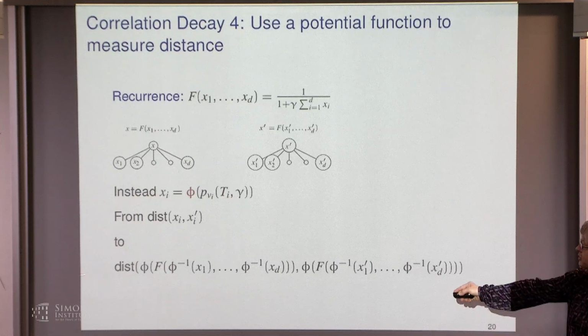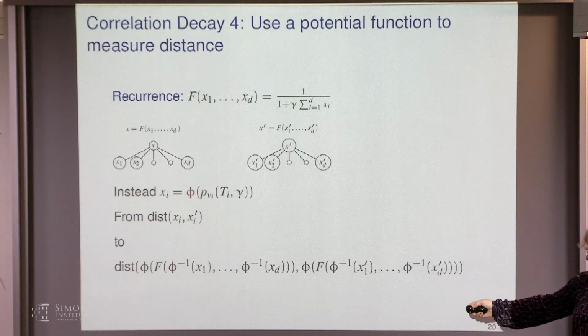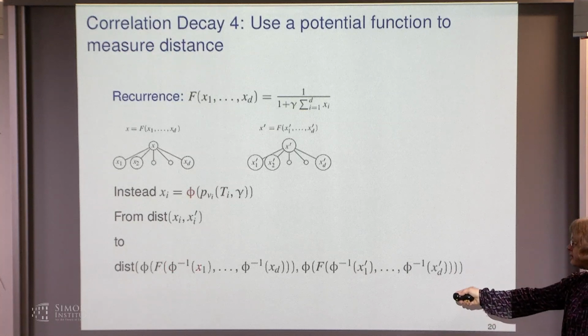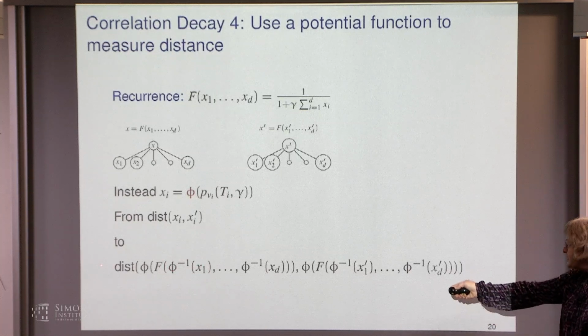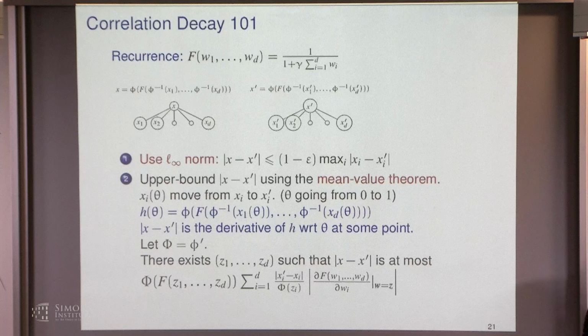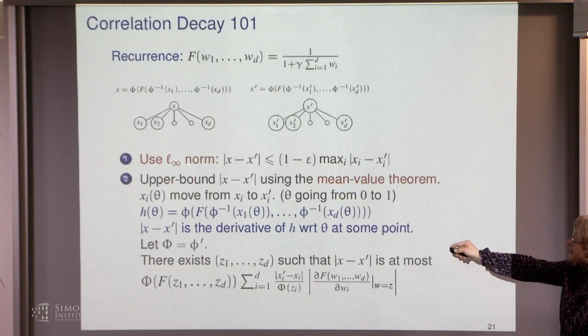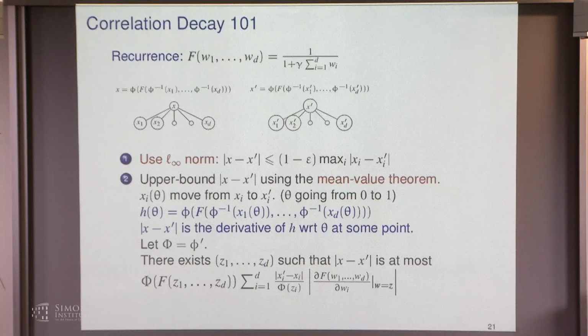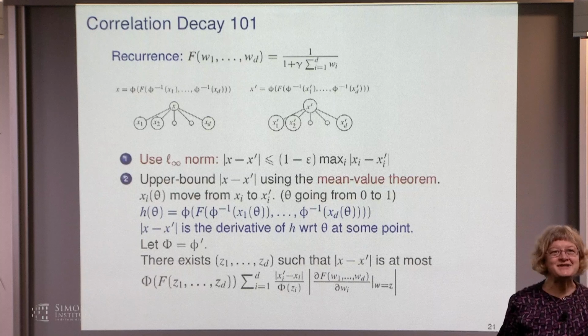So you apply the recurrence, and your potential function had better be invertible so that you can put it back, apply the recurrence, and measure the new distances. As long as that goes down, that's fine. You still get a choice for how to measure the distance, and a lot of work uses the L infinity norm. I just wanted to show you, in case you didn't see it before, the standard thing.